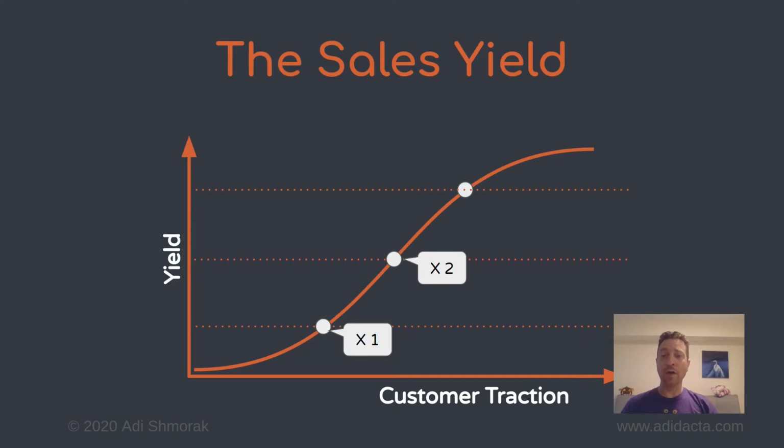But during that curve, there are a couple of points worth mentioning. The first point is when you get to a sales yield of 1. This means that if you have a sales team that costs you $1 million, they also generate $1 million a year. So when you get to that point, you have found product market fit. It indicates that you are on the right path, and now things need to develop.